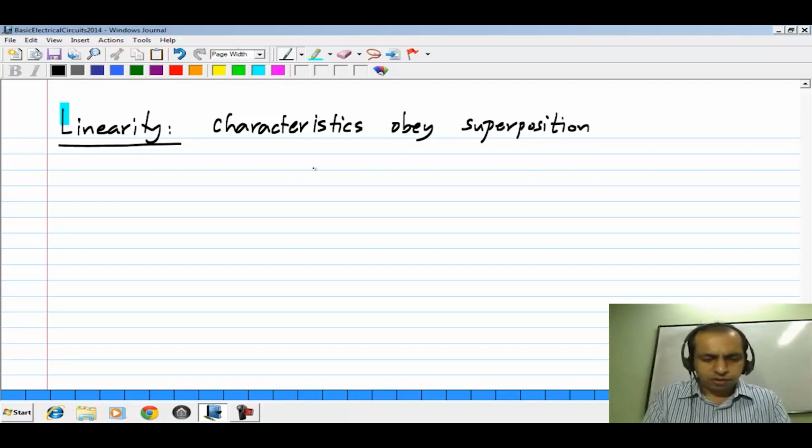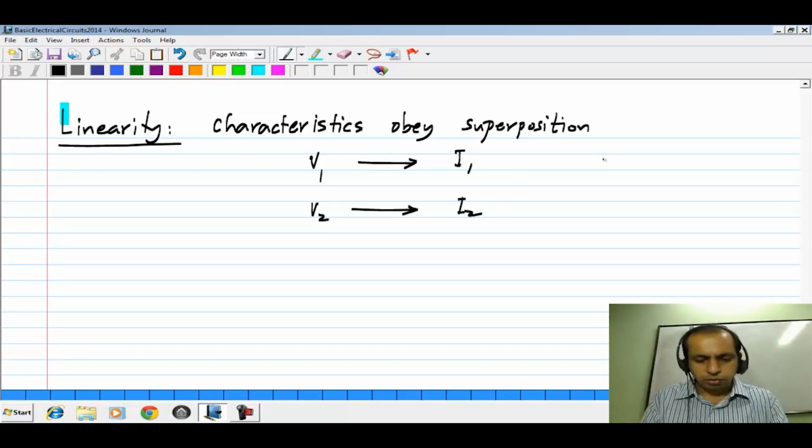If, let's say, you have a voltage V1 which results in a current I1 and a voltage V2 which results in a current I2, what does superposition mean?